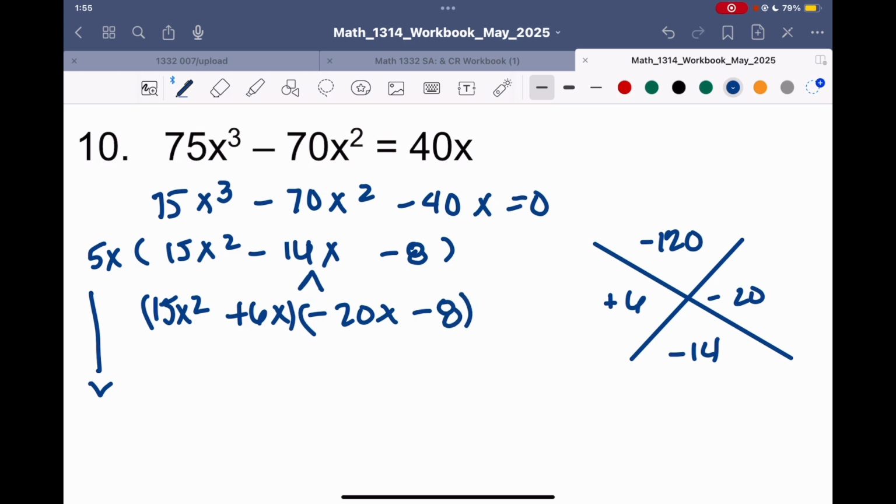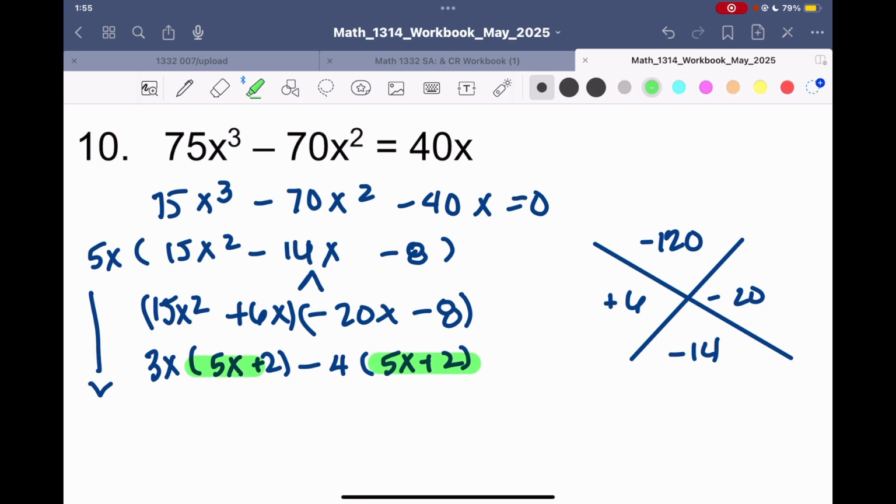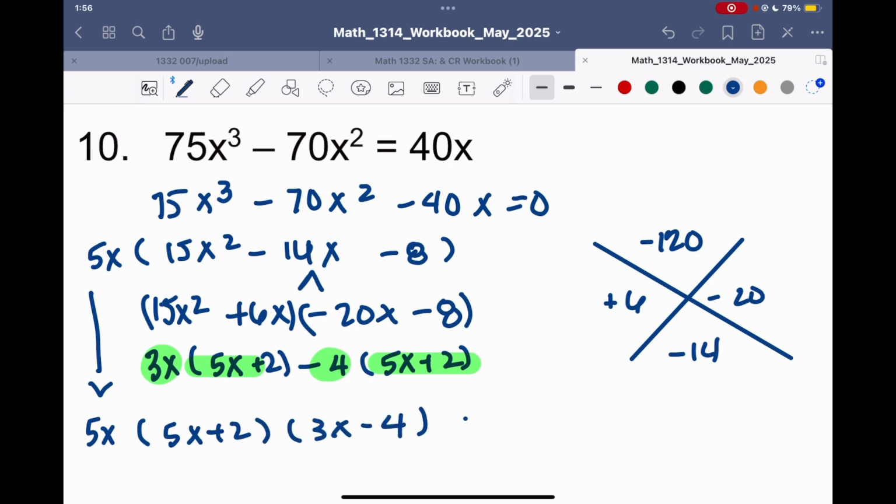And then when we factor, we're going to get 3x, 5x plus 2, minus 4, and then 5x plus 2. So these look the same, and then this is our new group. Putting it all together, bringing down the 5x as well. So we have 5x, 5x plus 2, and then 3x minus 4 equals 0.